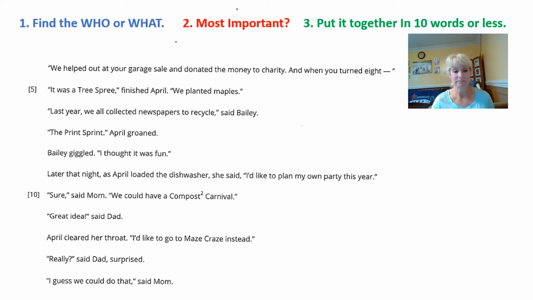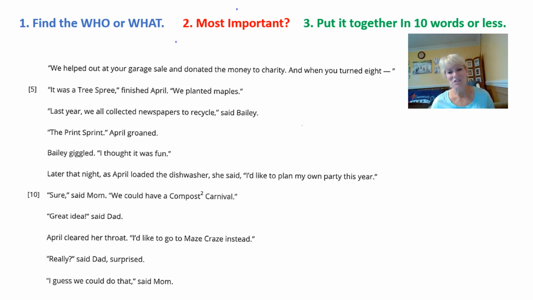Later that night, as April loaded the dishwasher, she said, I'd like to plan my own party this year. Sure, said Mom. We could have a compost carnival. Great idea, said Dad. April cleared her throat. I'd like to go to the maze craze instead. Really? said Dad, surprised. I guess we could do that, said Mom.